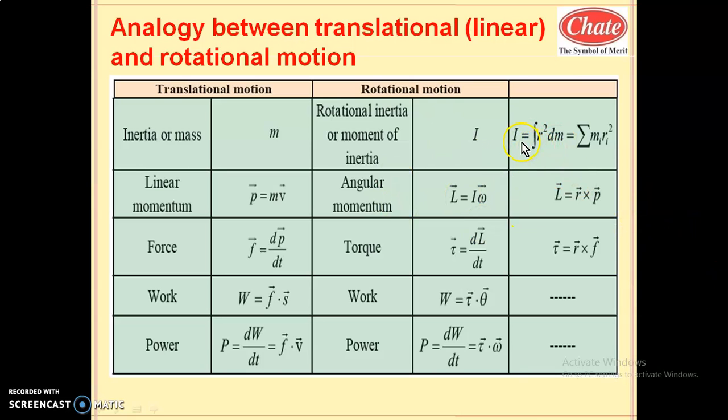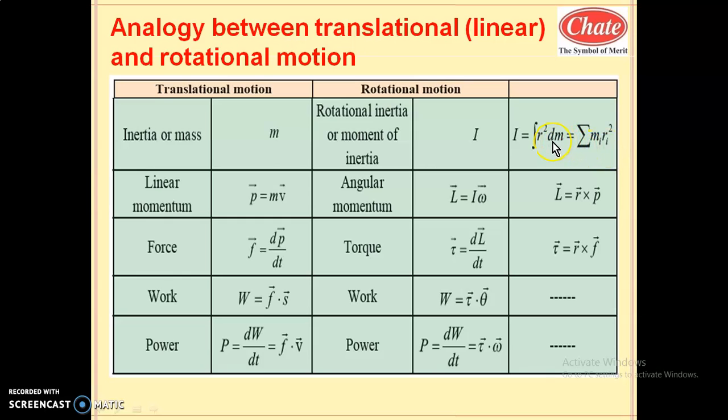Hence, the moment of inertia is calculated by the equation integration of delta m into R square. It is also calculated by the algebraic sum of mi into Ri square. If the masses of individual particles are different, then the moment of inertia is calculated by the algebraic sum of mi into Ri square.